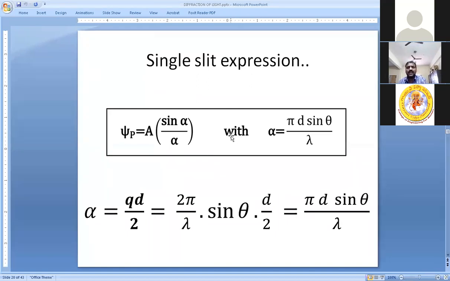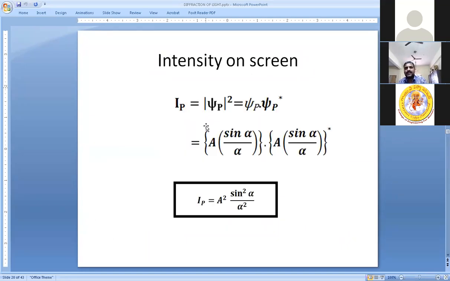Please recall, intensity is the square of amplitude. In intermediate, they might have taught you I is proportional to a square, or simply I equal to a square, a constant, right? So intensity we are interested. So in the next slide, I'll be calculating the intensity. So intensity of light on the screen at point P is simply mod psi p square. You may ask, why don't you take square? Why are you putting this modulus?